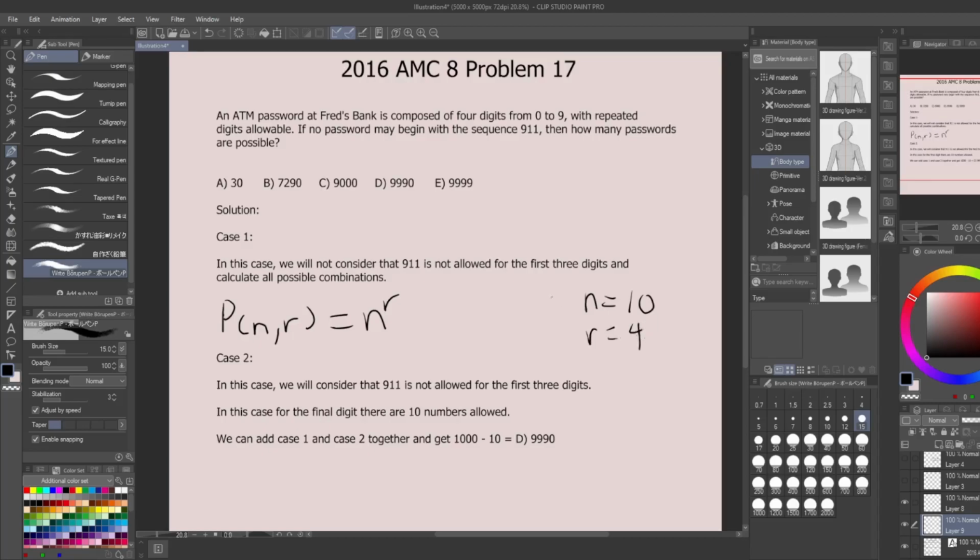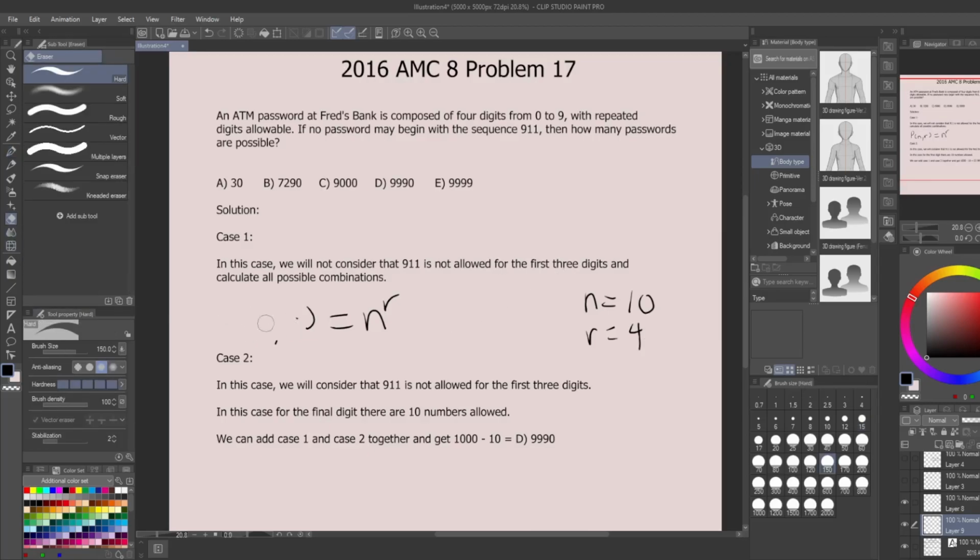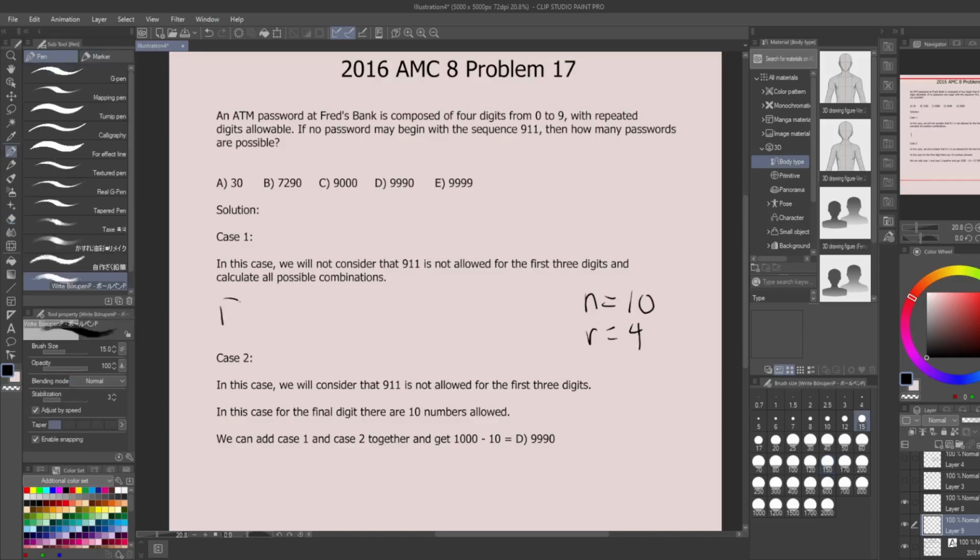Then we can plug these in to give us P(10, 4), which equals 10 to the power of 4, which is 10,000.